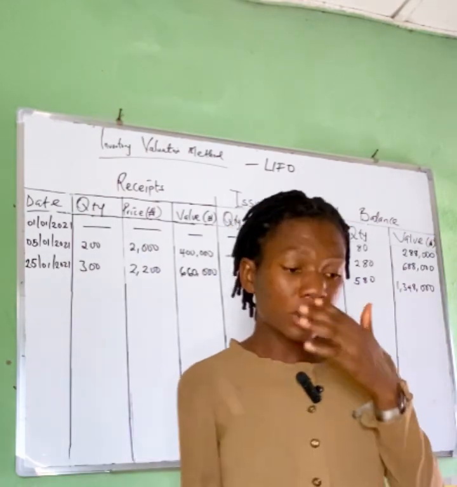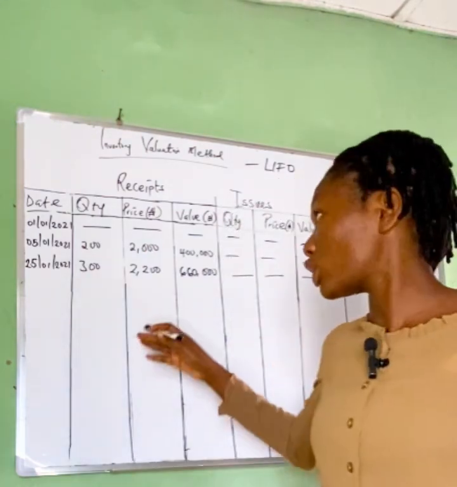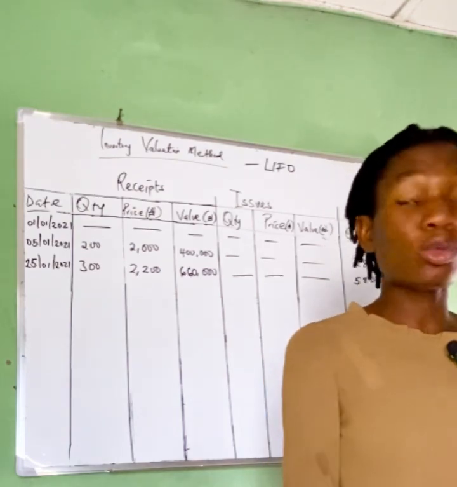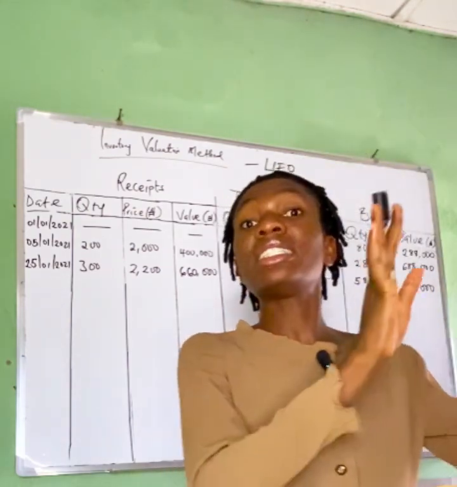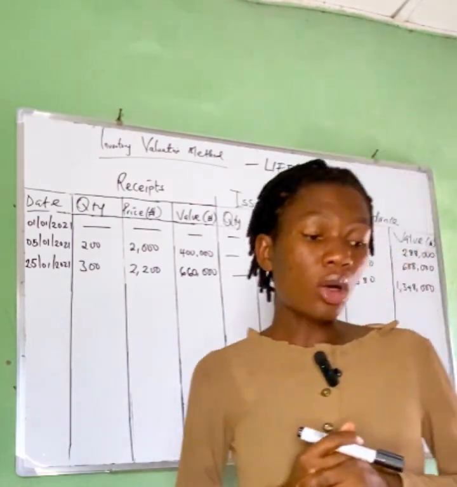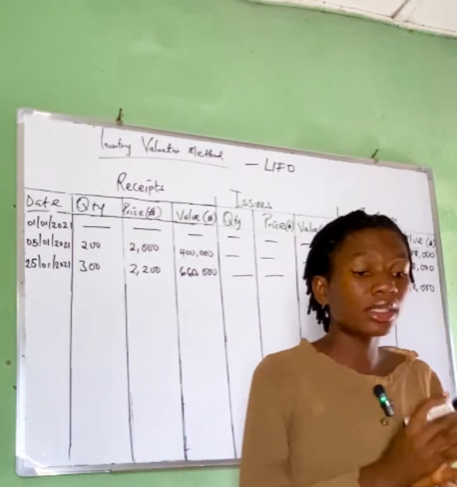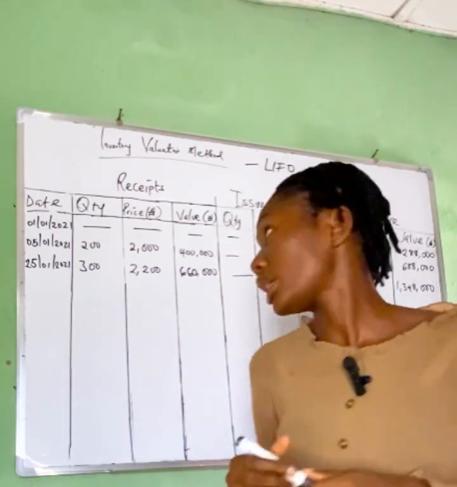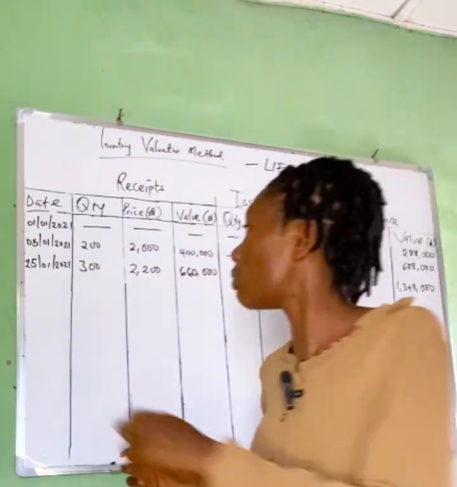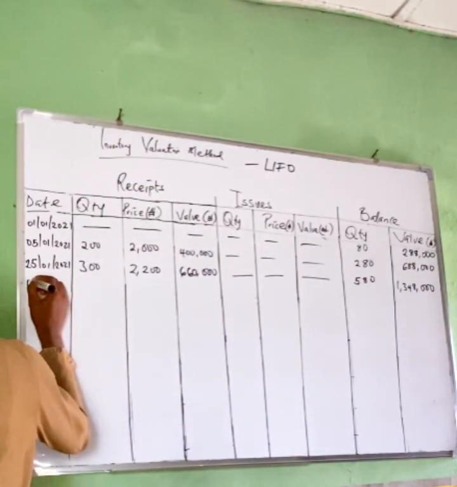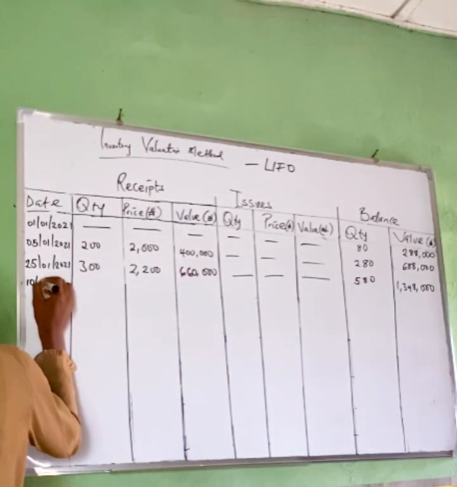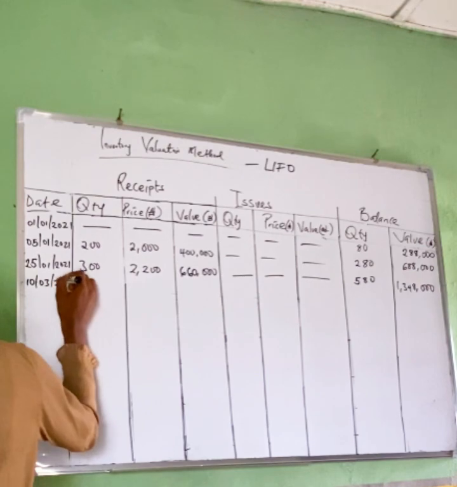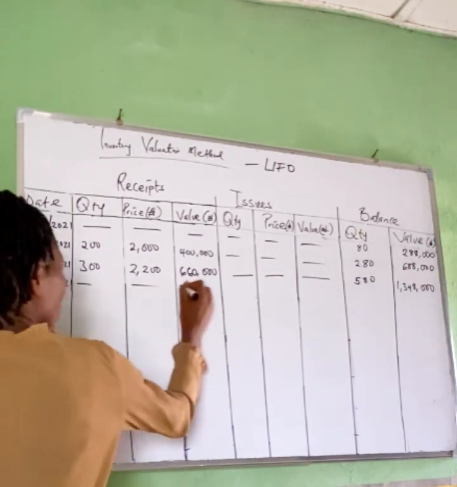So 160 bundles were sold, that is, they were issued out on the 10th of March. It's not a receipt.